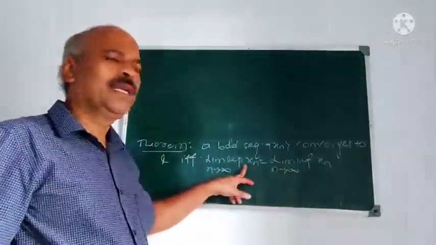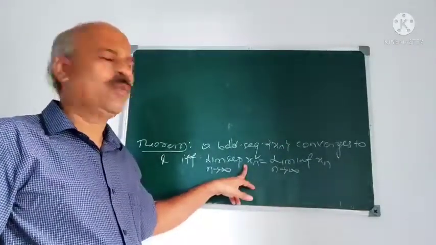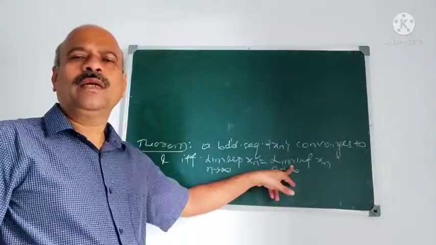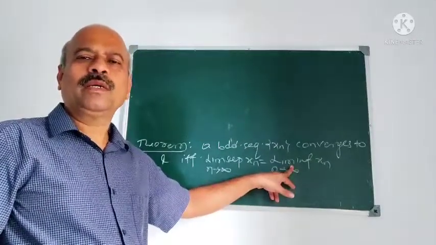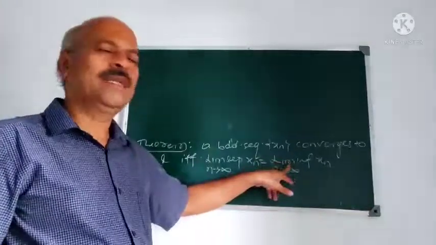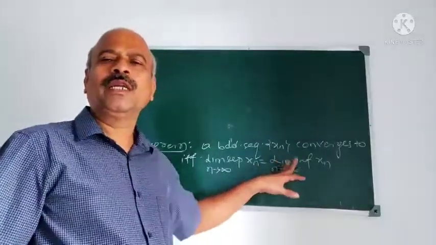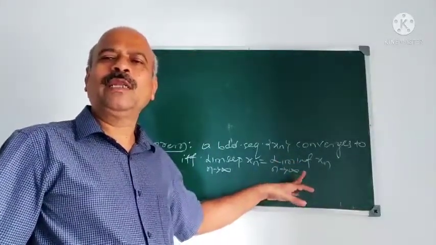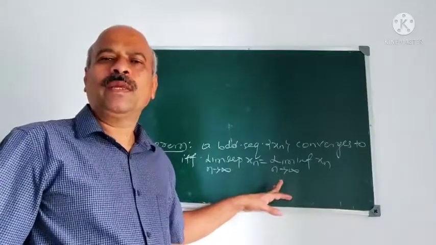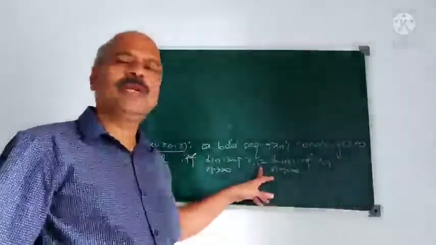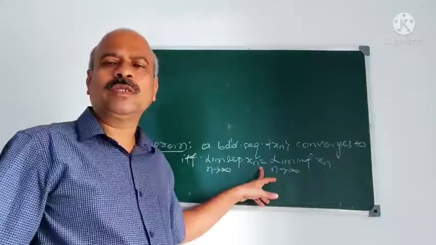What is limit superior? Greatest limit point. Limit inferior, smallest limit point. Greatest and smallest limit points being equal means once again that the limit point is unique. Therefore, that becomes the limit of the sequence.